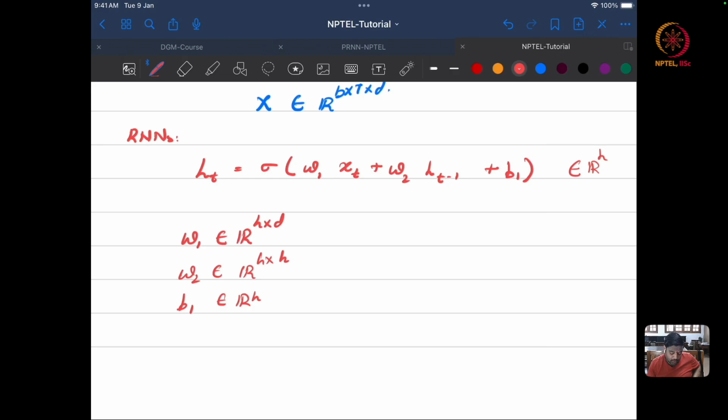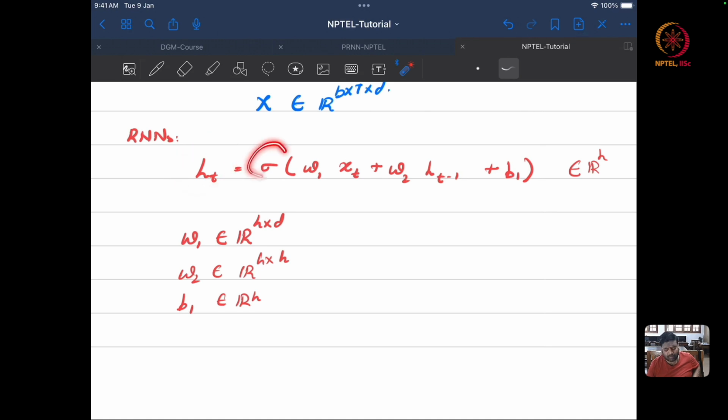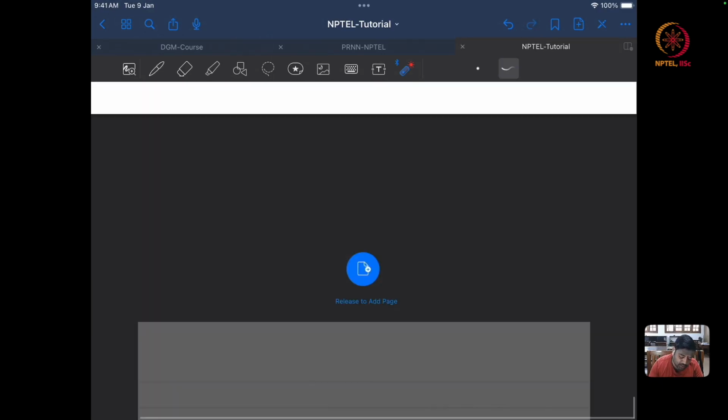Now x_t is in R^D, consider it D cross 1, so W1 x_t belongs to R^H. W2 h_{t-1} also belongs to R^H, and b1 is already in R^H. You add them and pass the result through a sigmoid, applied individually to each element, or any activation, not only sigmoid. That means the result will be in R^H. So this is the hidden state.